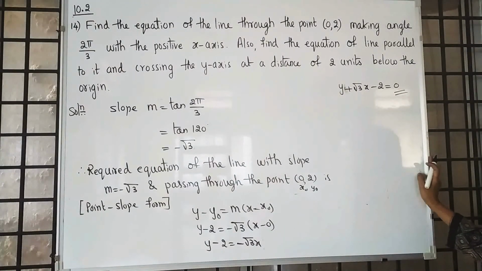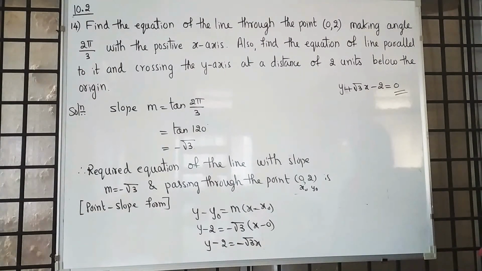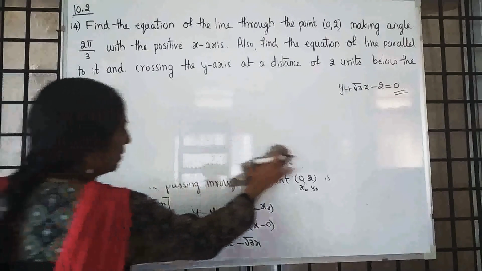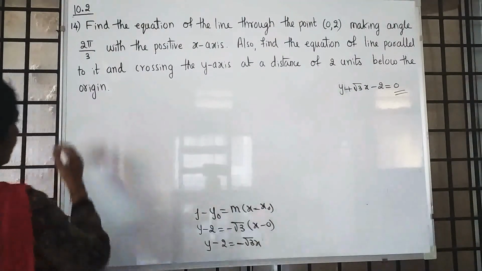In the next half, also find the equation of the line parallel to it. Since the line is parallel to the above line, whatever we calculated, if the lines are parallel, their slopes are equal.